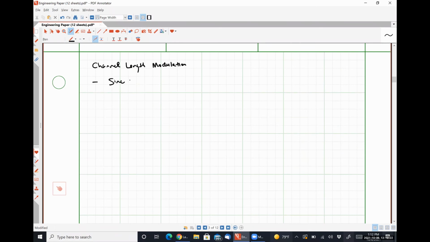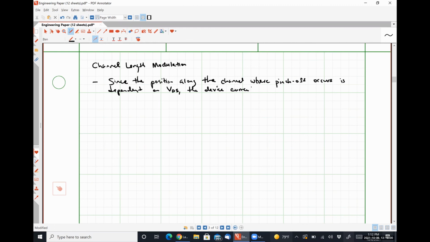So since the position along the channel where pinch off occurs is dependent on our voltage VDS, device current is not truly constant in saturation region operation.